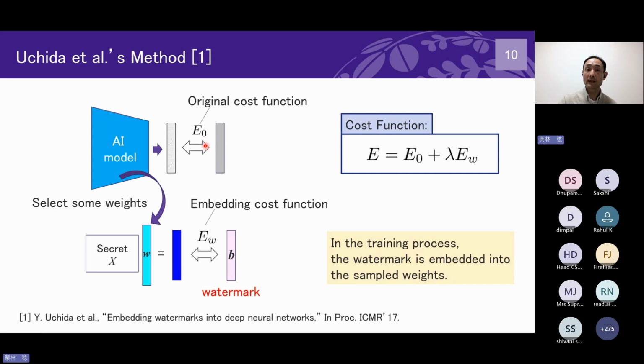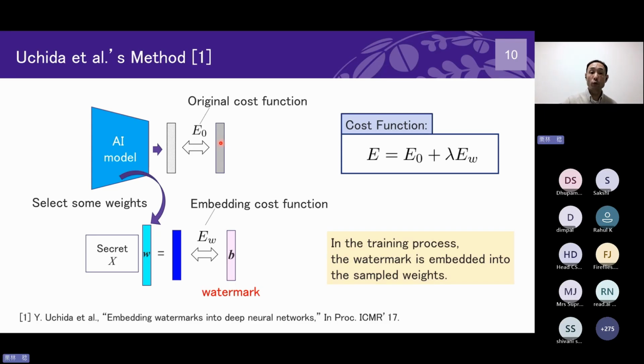This cost function is a measurement of how close the output from the AI model is to the correct output. The difference between the output of the AI model and the correct output is calculated, and the difference is measured as a cost function. So in the training phase, the weight parameters in the DNN model are updated to reduce the difference between the output and the correct output.